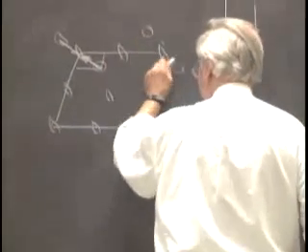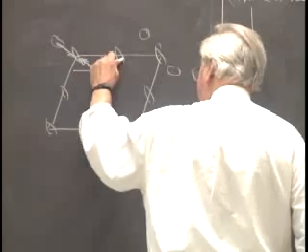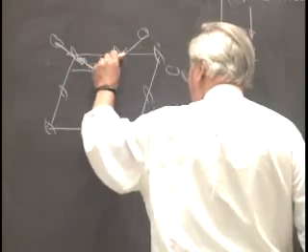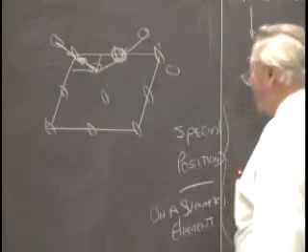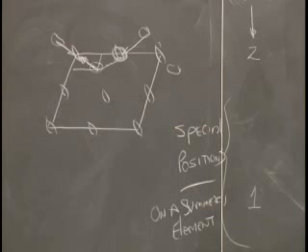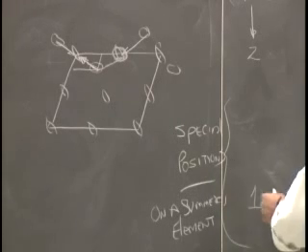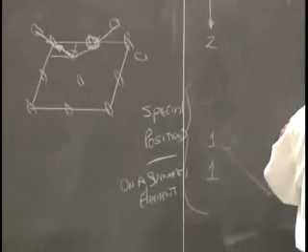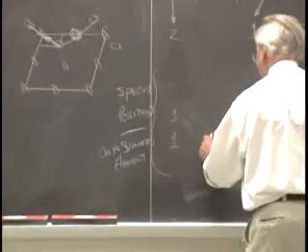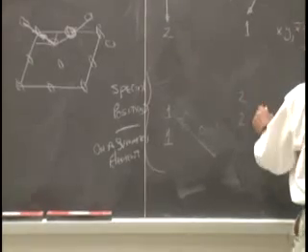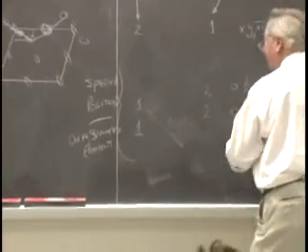If the representative atom moves to here, this one up here will migrate down, and the two will merge into one atom that sits at just 0, 1/2. Okay? So there will be another type of special position, 1 per cell, also on a twofold axis. This one was at 0, 0, and this one is at 0, 1/2.